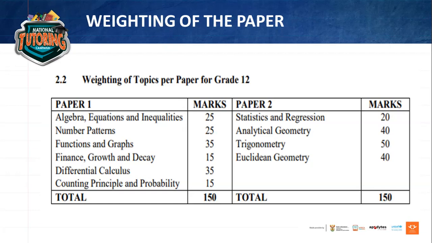We were able to make about 25 marks. And today, of course, we are going to be looking at a topic which weighs about 25 marks. It's a paper 1 topic. The number of marks is 25 marks. And as I've said, we are doing number patterns. So by the end of the lesson, we should be in a position to get our 25 marks.